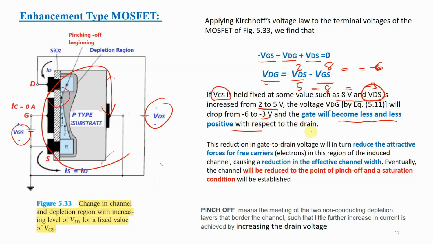Until such time that it is very, very small, the channel is just about to close. The opening here is just about to close. It is the beginning of pinching off. That voltage will be the pinch-off voltage.